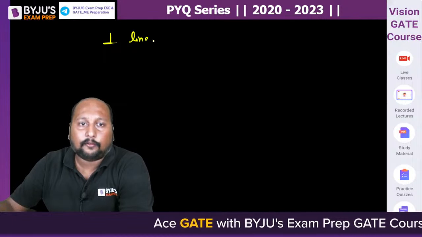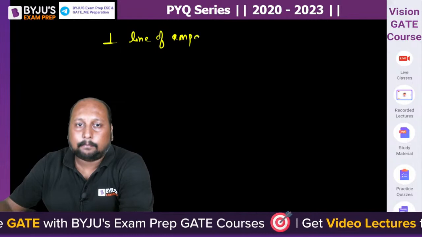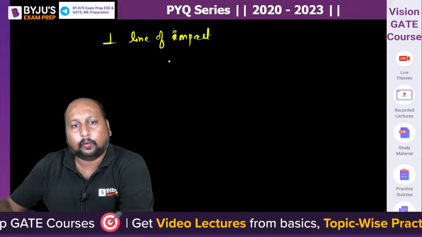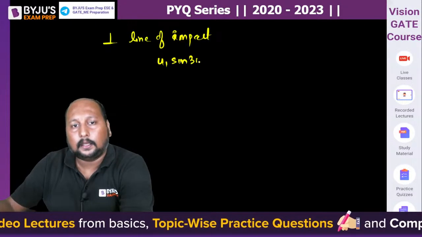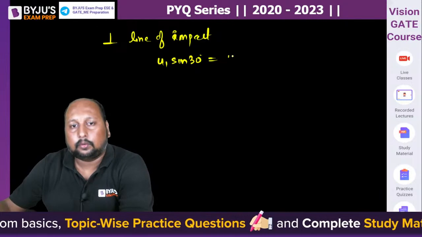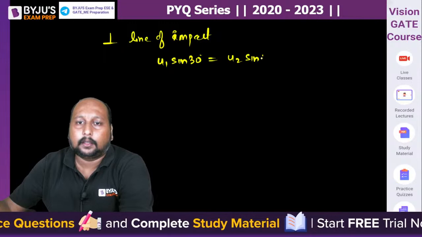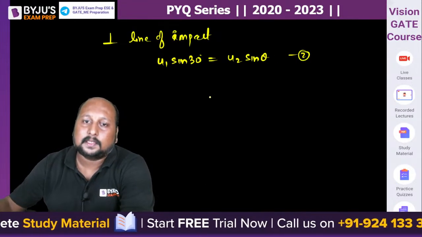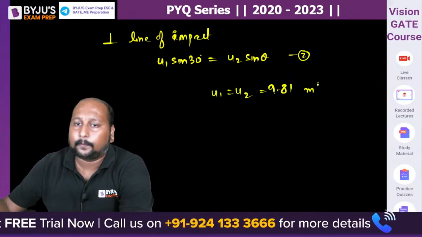And also we can say perpendicular to the line of impact, u1 sin 30 is equal to u2 sin theta. If you compare both the equations, equation 1 and equation 2, can we say u1 is equal to u2 is equal to 9.81 meter per second, right?